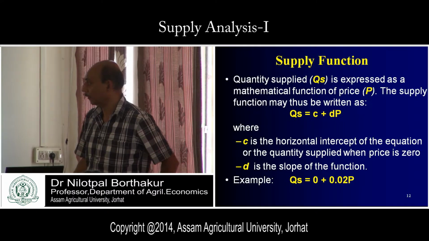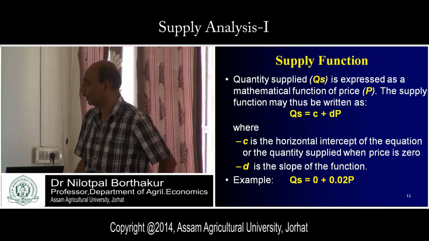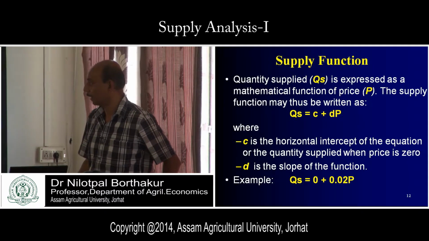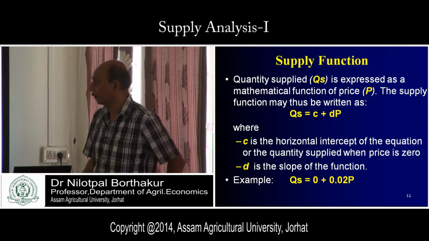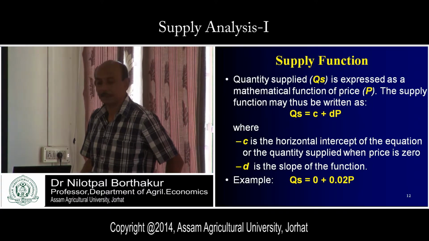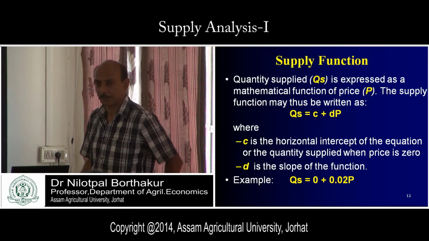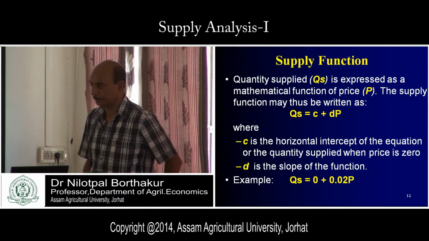So usually, this is a mathematical function with numerical values. Quantity supplied is 0 plus 0.02P. That means when price is 0, quantity supplied is 0. That means the supply curve originates from the origin.